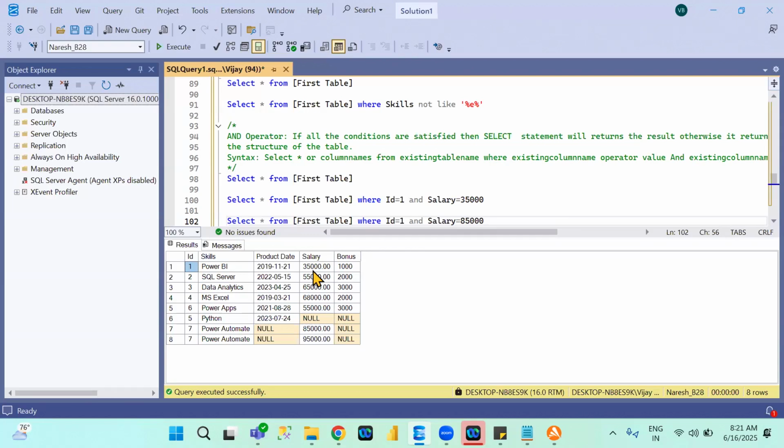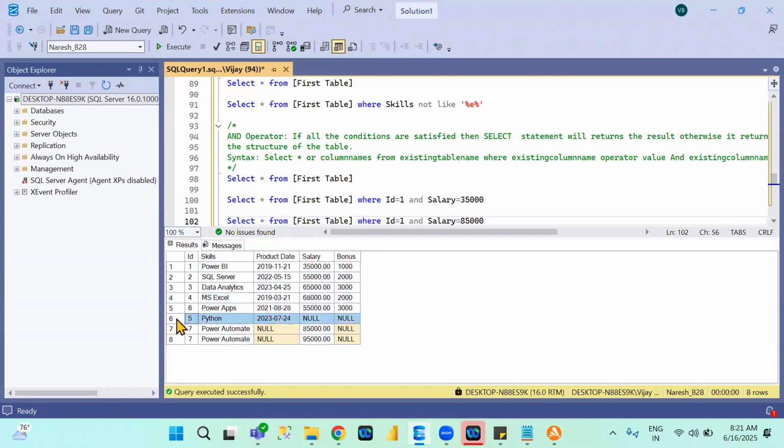That particular record is not included. Understand? That particular record is not satisfied completely. Only if both are satisfied do we need to include it. This one, not satisfied. This one, not satisfied. This one, because the first condition itself is not satisfied, no need to check the other condition.